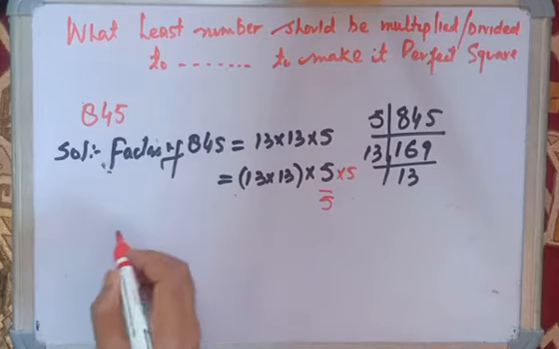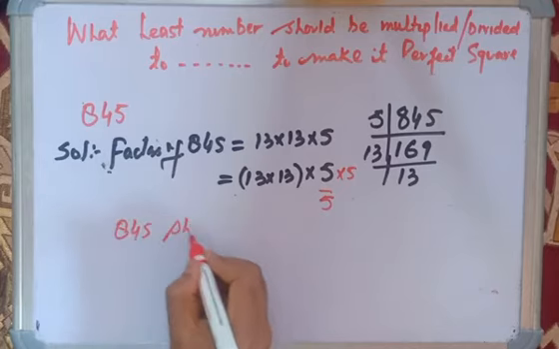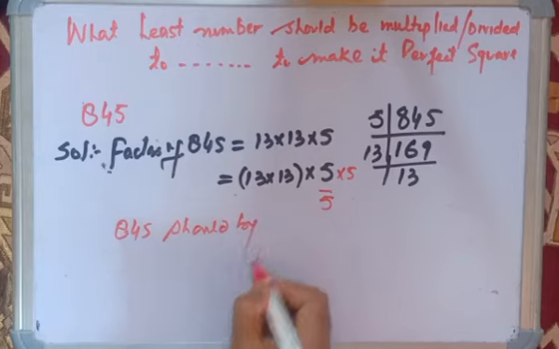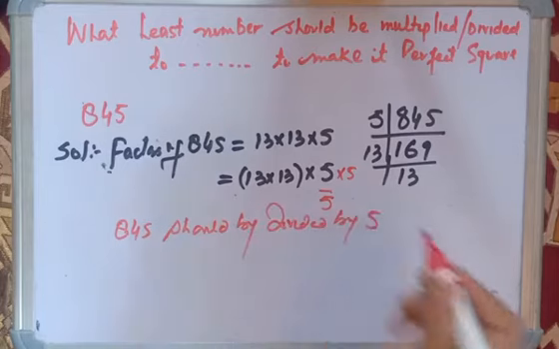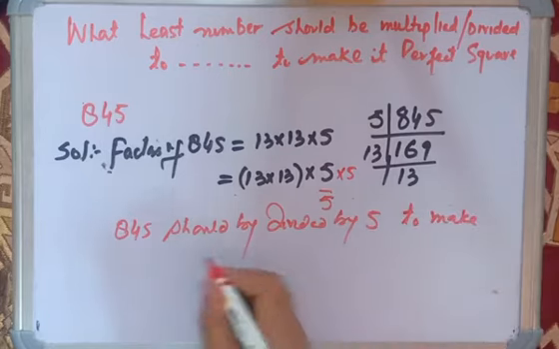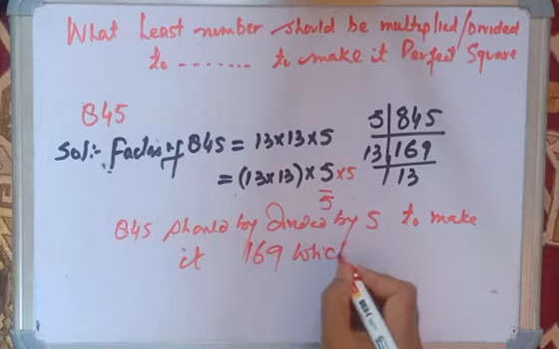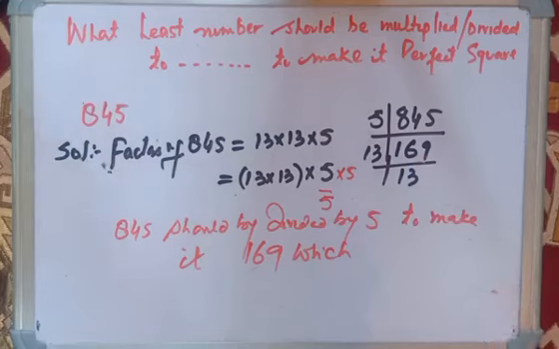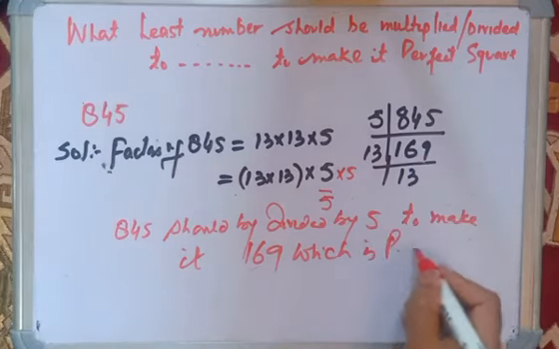So we can say that 845 should be divided by 5 to make it 169, which is a perfect square. When we divide this by 5, that will change this number into 169, which is a perfect square.